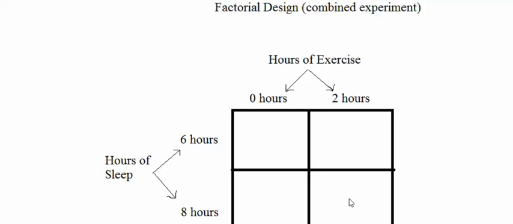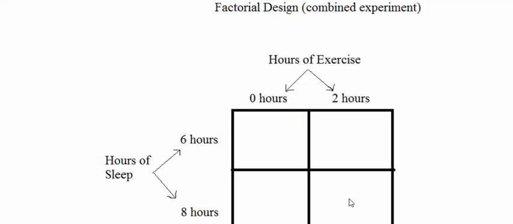And then we would have our factorial design. So a factorial design has, first of all, more than one independent variable, and each independent variable has at least 2 levels, and the conditions are just all possible combinations of the levels that are being tested.